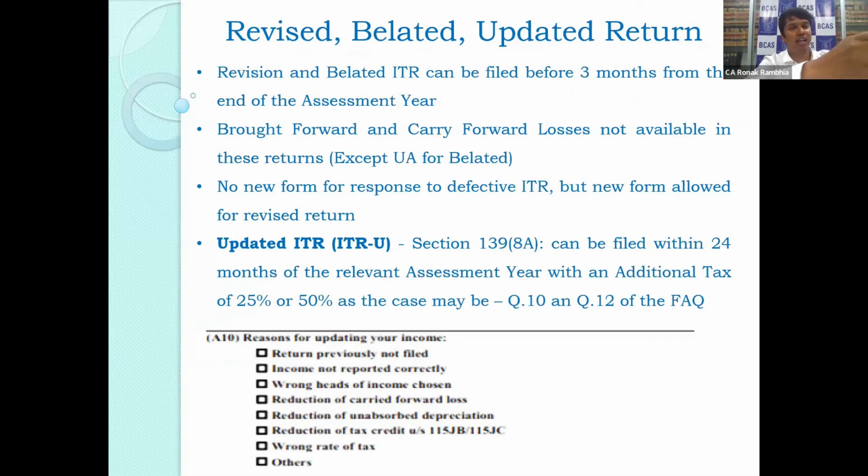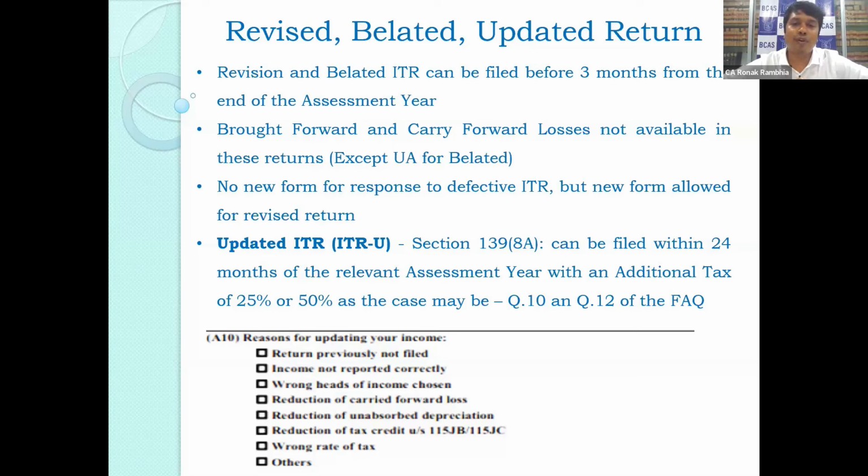Further, then there are income tax returns. You would have the revised return, the belated return, and the updated return. One can file revised or belated returns up to 3 months before the end of the assessment year. That is, as we discussed, for assessment year 24-25, one can file up to 31st December 2024.